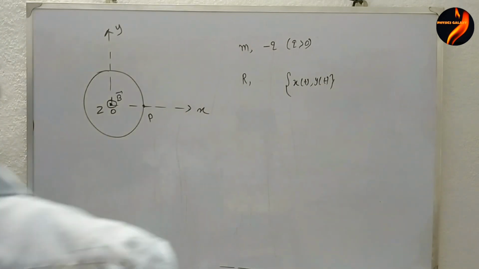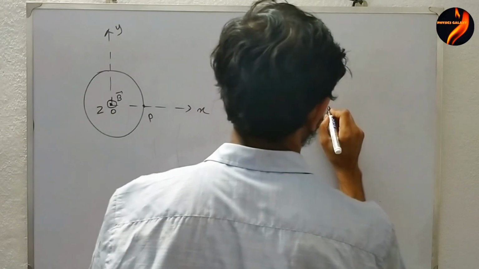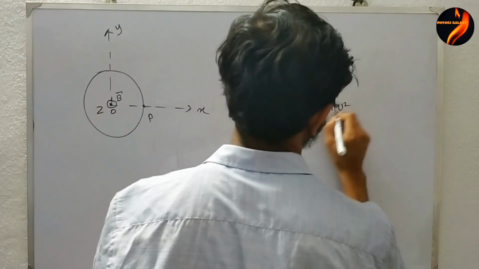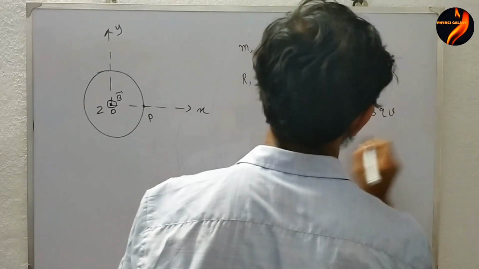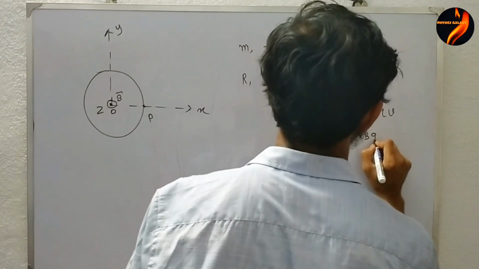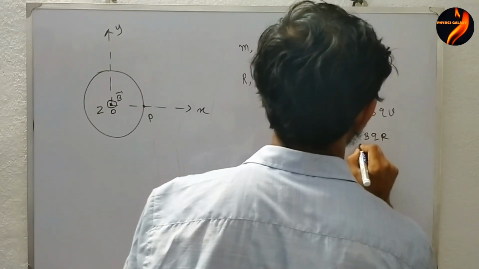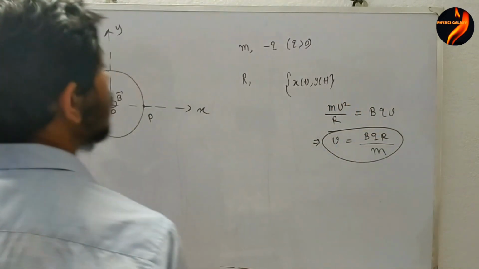Now from here we can see that m v square by r equal to B q into v, and then v equal to B q r by m. So that's the thing.